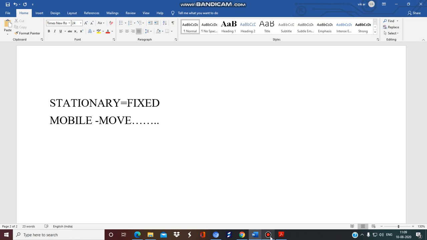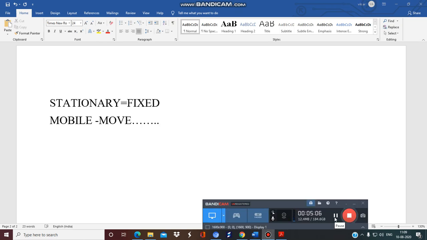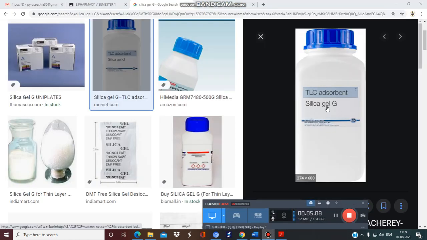Let's see the examples. A common example is silica gel G as the stationary phase, also known as the adsorbent, which is used in the TLC technique. TLC is known as thin layer chromatography. It is a chromatography technique in which we use this powder, silica gel, as an adsorbent or stationary phase.